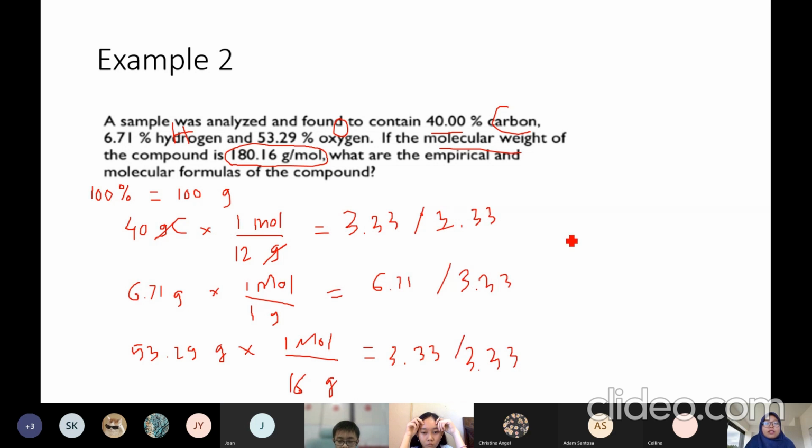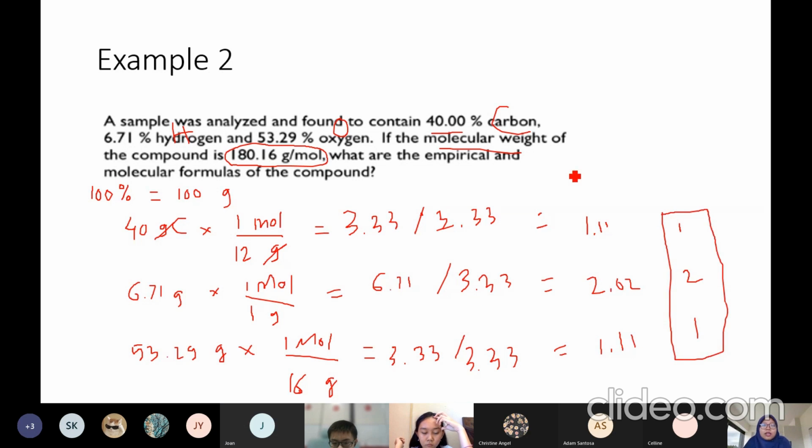So what is the simplest ratio? 1.11, then 2.02, and the next one is also 1.11. So we can make it simple as 1, 2, and 1. This is the simplest ratio, right?